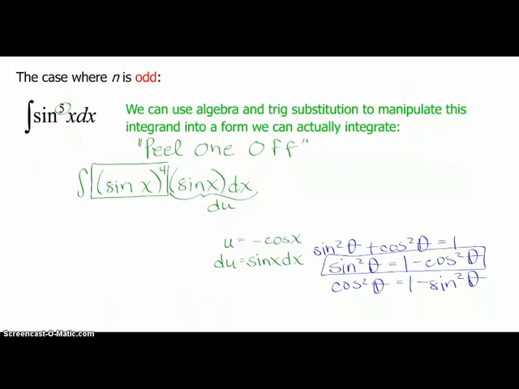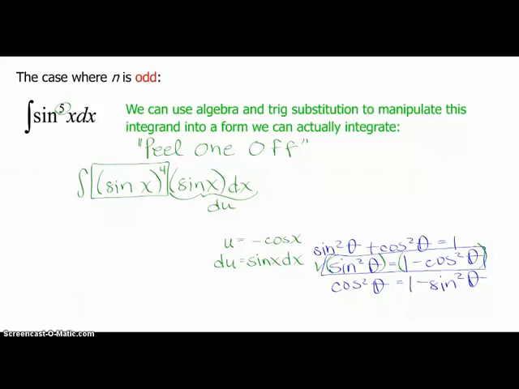The reason I peeled that one off, and the reason that I highlighted this Pythagorean identity equation here, is that I can use this as a substitution every time I see sine squared.